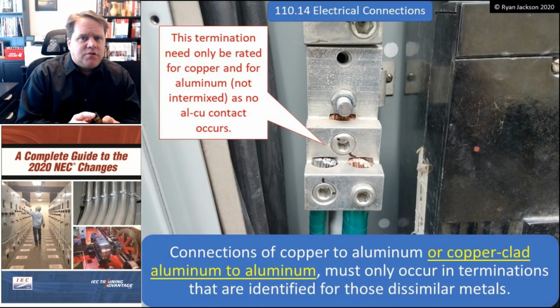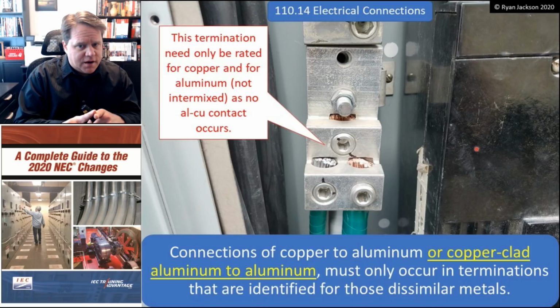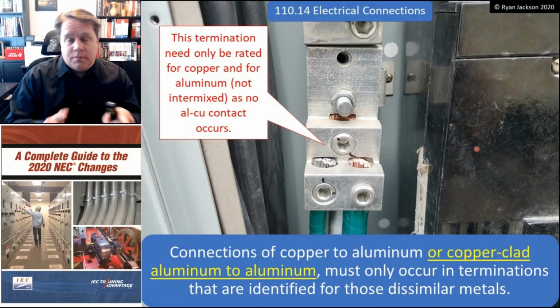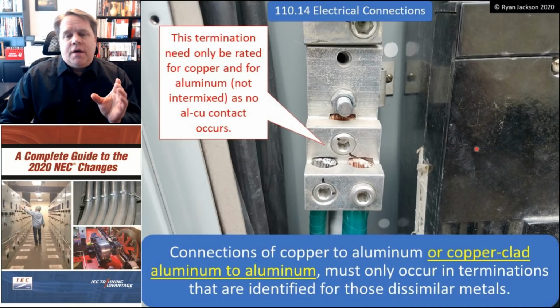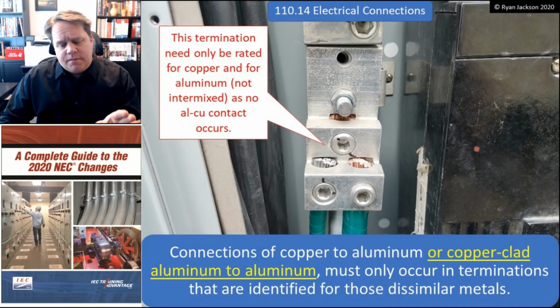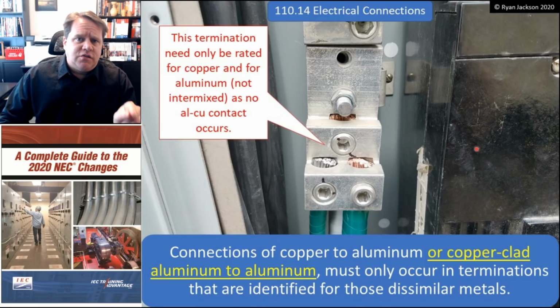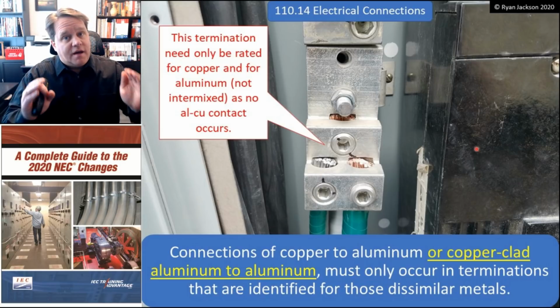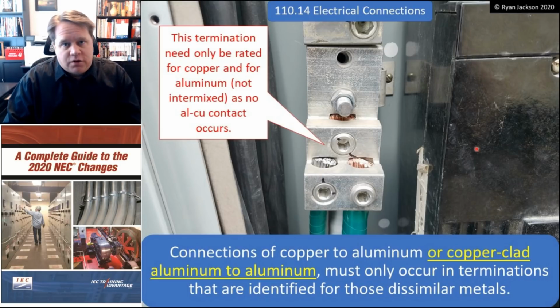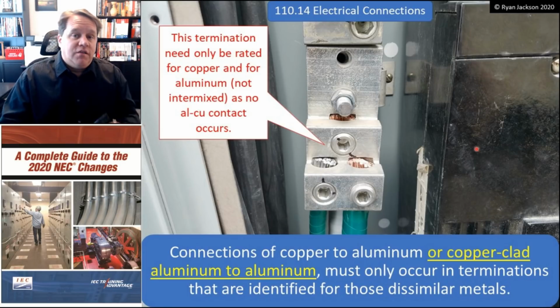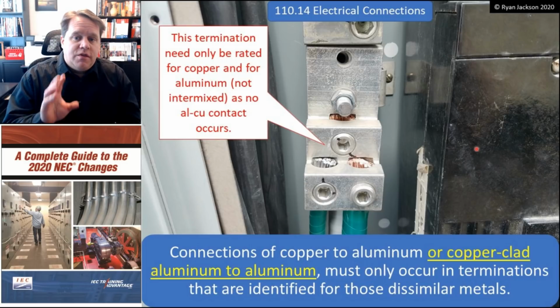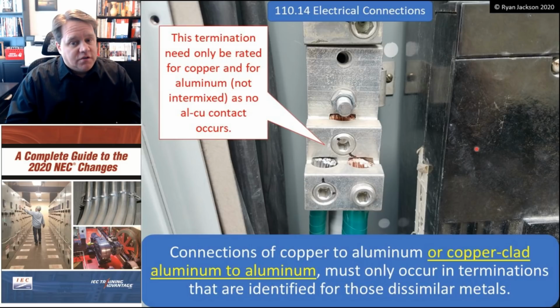If we had actual copper to aluminum contact, or copper-clad aluminum to aluminum contact, then the fitting would actually have to say AL-CU intermixed dry locations only. It has to have that whole big phrase according to the product standard, otherwise it does not comply. So this doesn't have that marking because it doesn't need to.